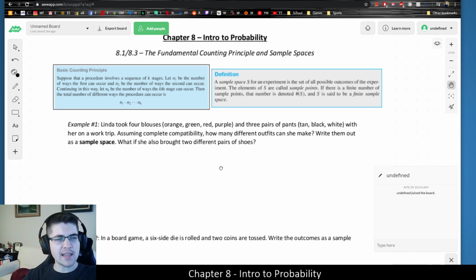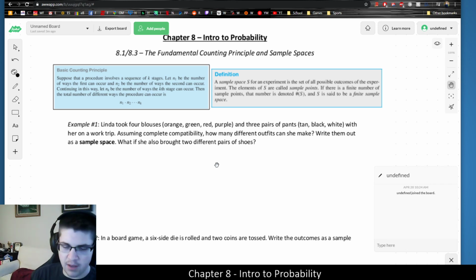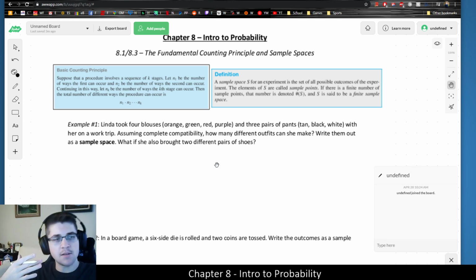But before doing anything else, we can always solve these sorts of problems by method of exhaustion, or basically by making a graph or just outlining what are all the outcomes. But in more complex problems, it might be impossible or take way too long to figure them out by literally laying out all the options. So we're trying to set up some ideas that help us to solve more complex problems.